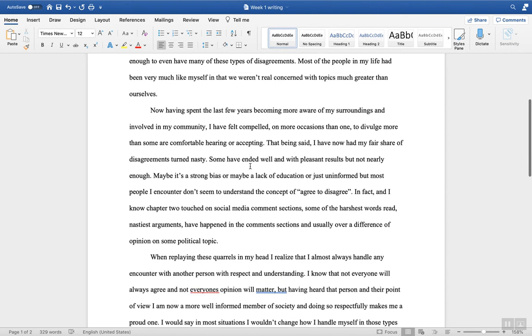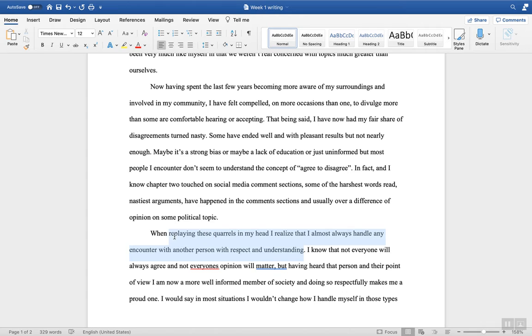Let me give you an example of another one. This one right here. In fact, this is a specific kind of sentence. It's called a complex sentence. And it's actually considered an error if you don't include the comma. If I read this out loud, I bet you can hear where the comma goes. So let's do that. "When we're playing these quarrels in my head, I realize that I almost always handle any encounter with another person with respect and understanding."